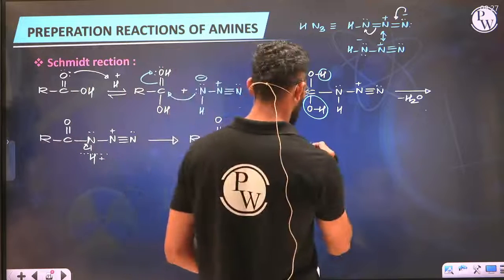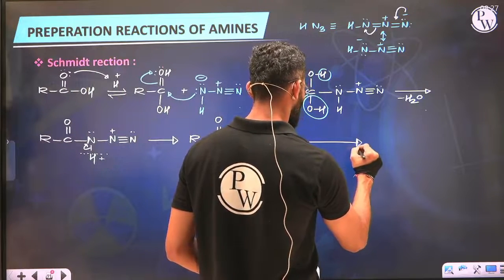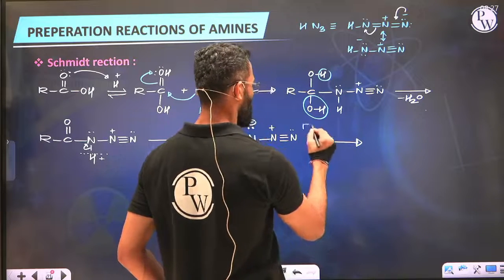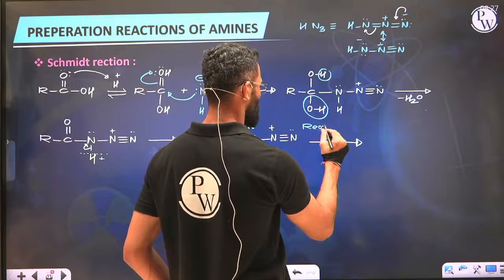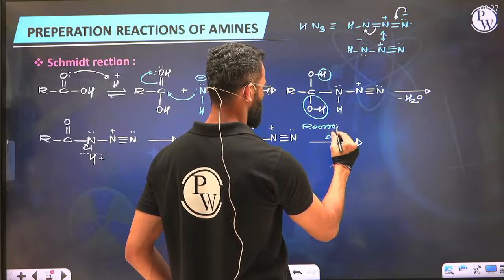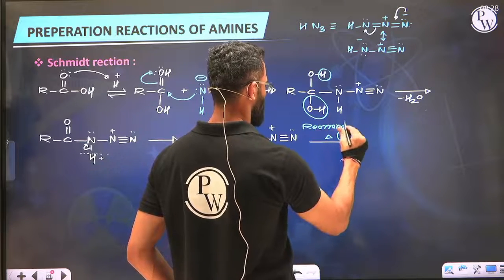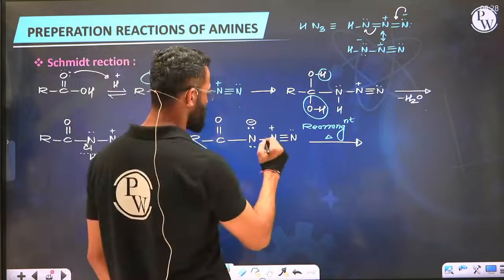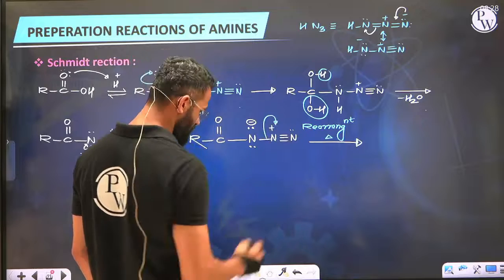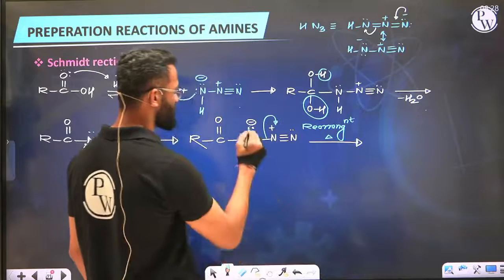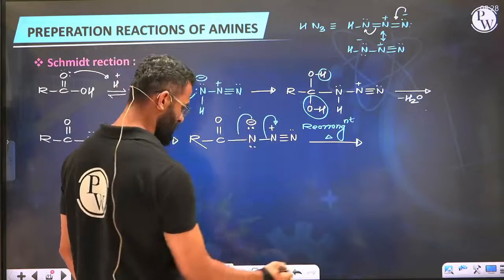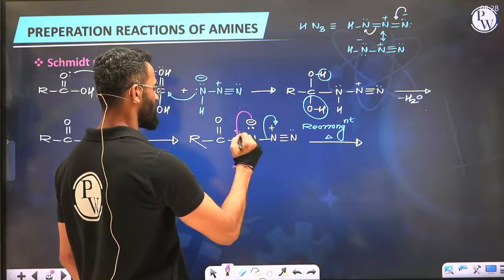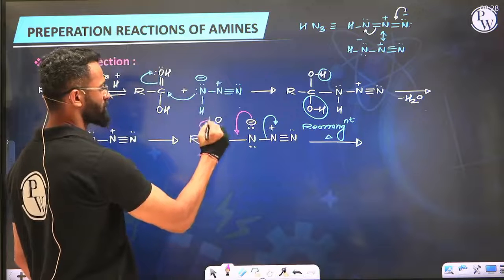Now guys, since we heat carboxylic acid with hydrazoic acid in an acidic condition, now N2 is going to leave. So we'll say this upon heating will undergo rearrangement. So what will happen as a rearrangement? N2 being best leaving group, it will leave, and all of the steps simultaneously. Negative charge will delocalize. Pi bond will break towards O, making it O minus.